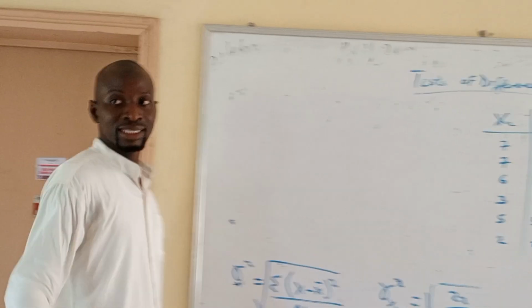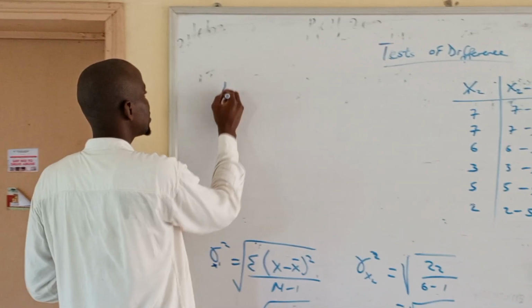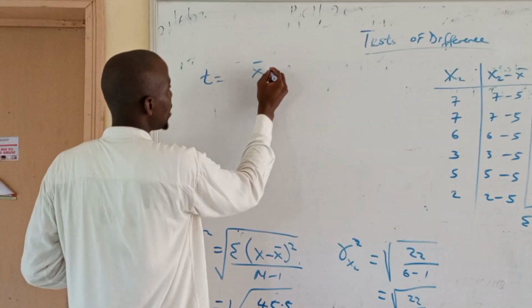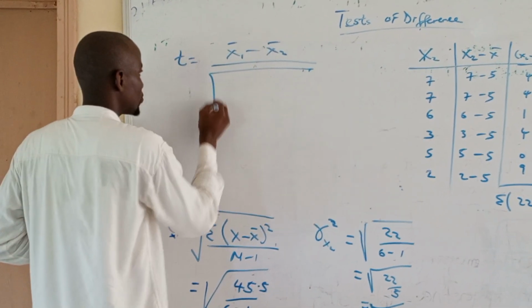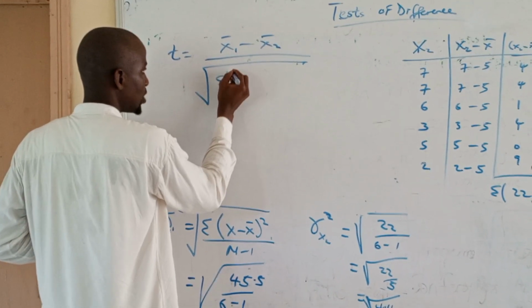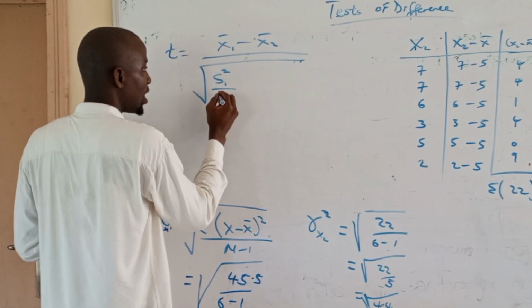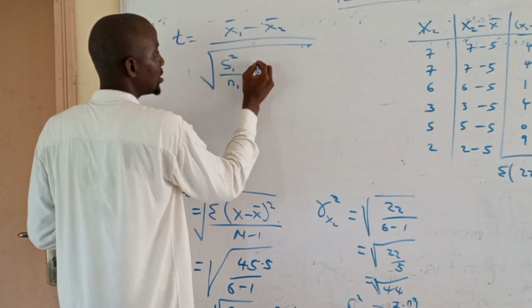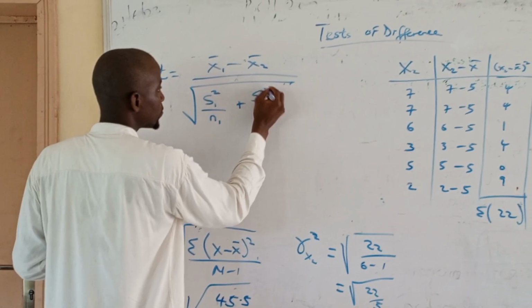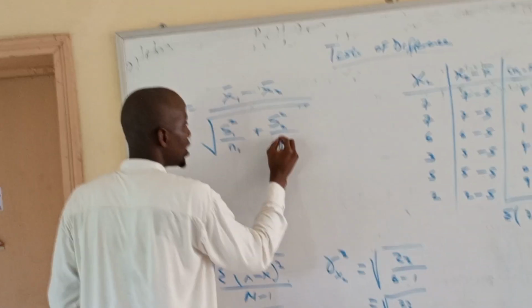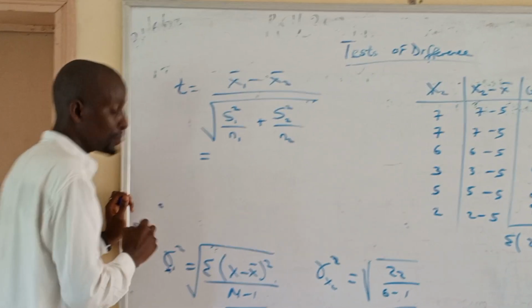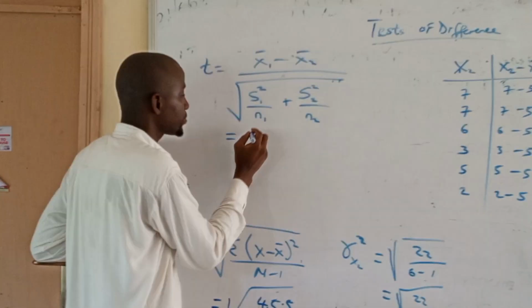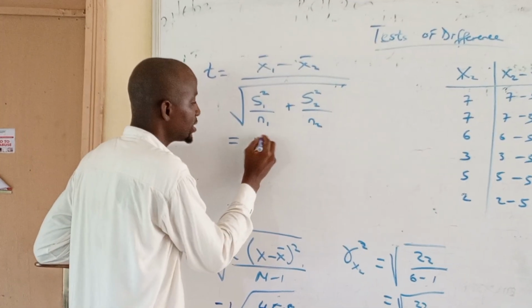The formula states for the independent sample t test, t equals mean 1 minus mean 2, all over the square root of standard deviation of 1 squared over n1 plus standard deviation of 2 squared over n2. So our mean 1 is what? 13.5.